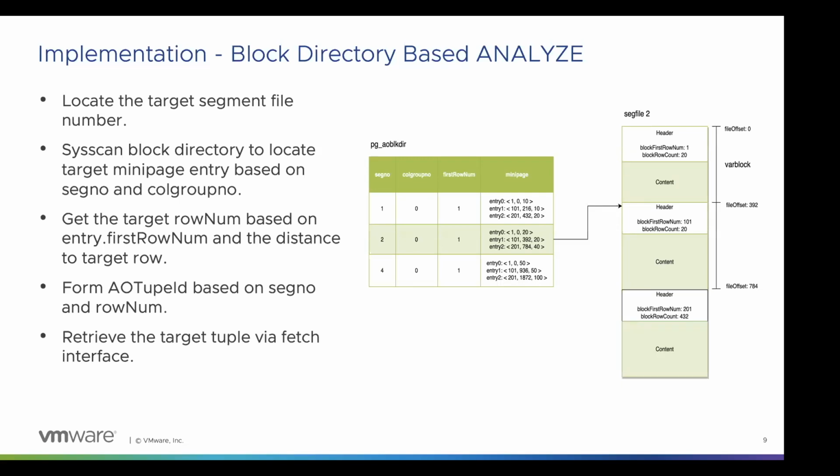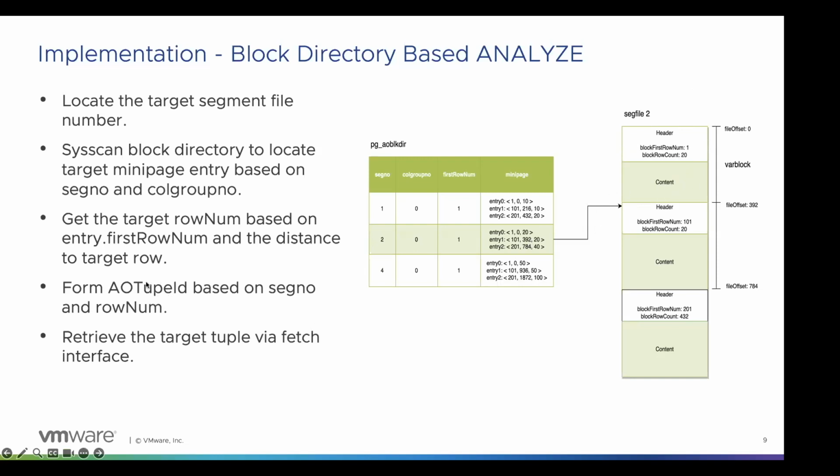When we find the target block entry, we jump to the corresponding var block offset to read the physical var block, decompress the content and fetch the tuple.